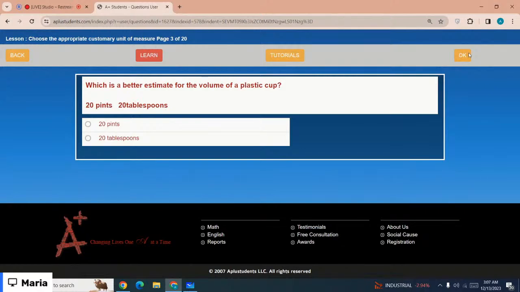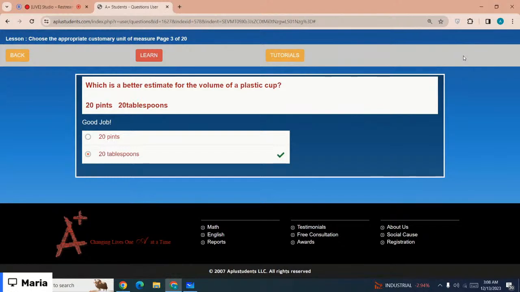Yes, the correct option is 20 tablespoons, because pints are too much for a plastic cup. The correct option is 20 tablespoons because that is just a cup and pint is a bigger unit. So a cup must hold 20 tablespoons, not 20 pints.